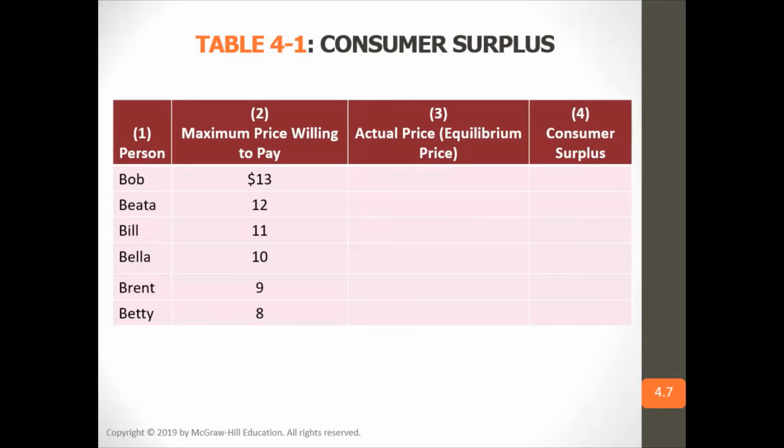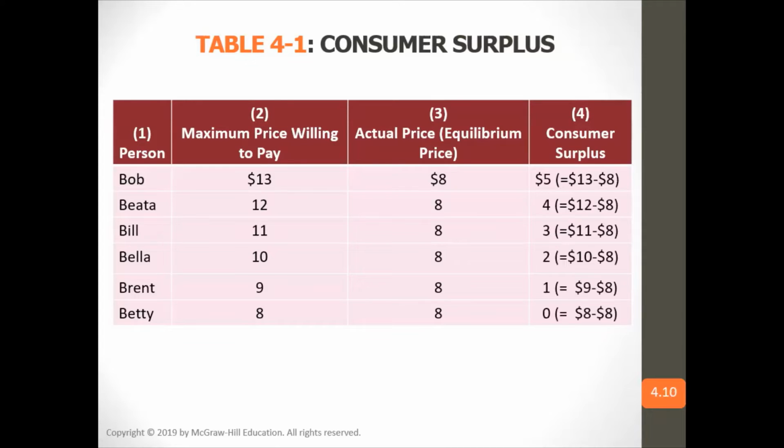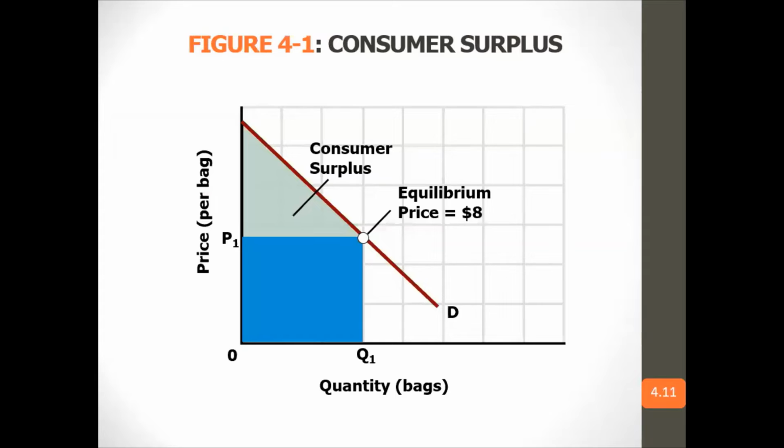My consumer surplus is 5 minus 2, so it's $3. In this case, Bob's maximum price he's willing to pay is $13, and the actual price is $8, so his consumer surplus is $5. You just do maximum price willing to pay minus actual price to get the consumer surplus.